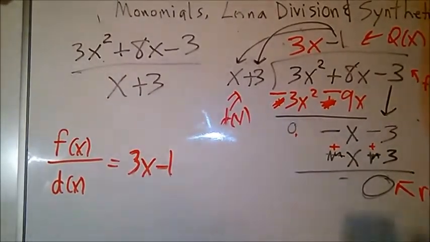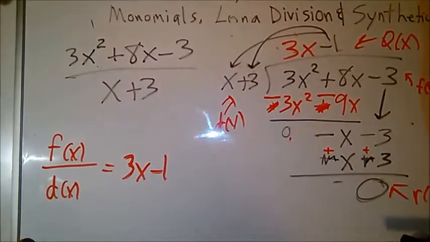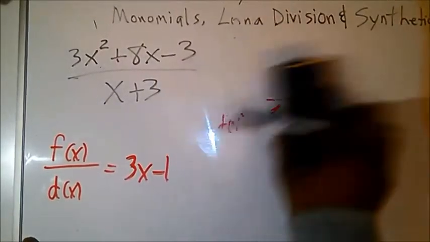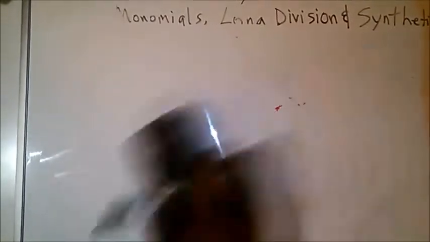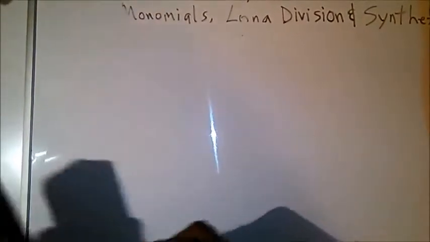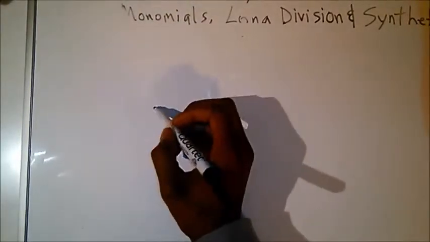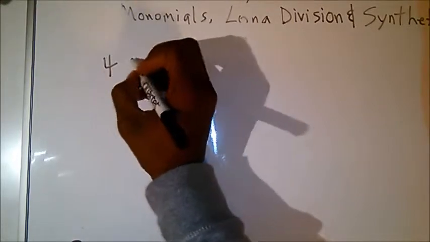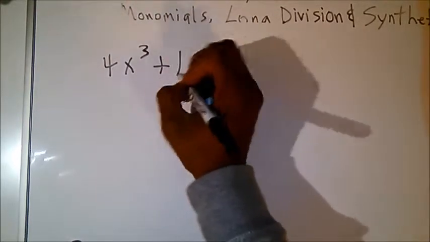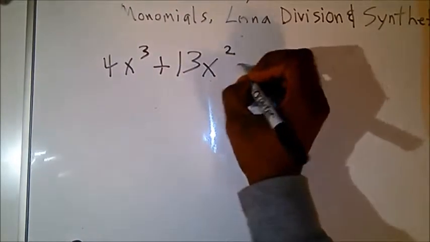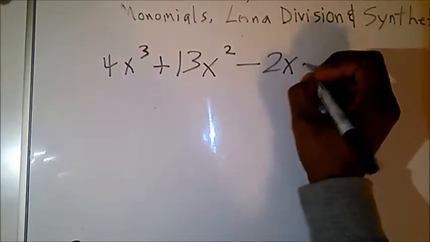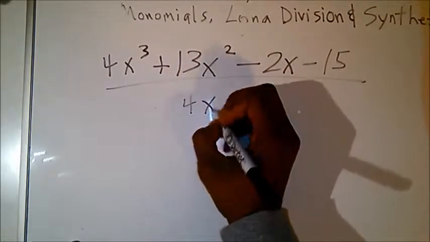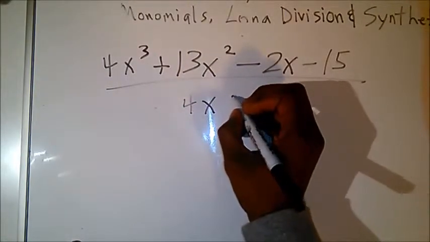Let's try another one. How about 4x cubed plus 13x squared minus 2x minus 15 divided by 4x plus 5?